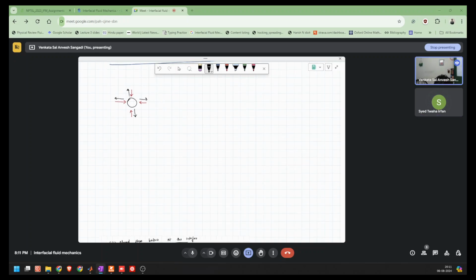Okay, so if you think of two particles, they are separated by a distance r. I think that's what is given. And then if you start reducing r to 0. First we'll look at the case where r is finite.